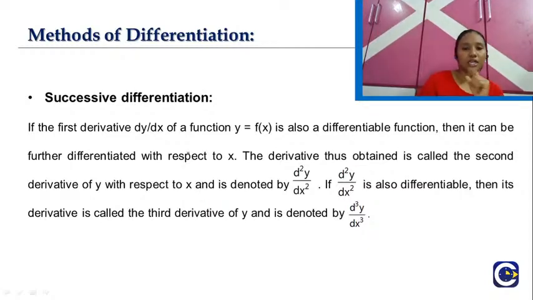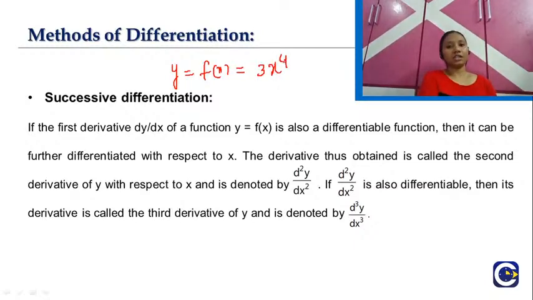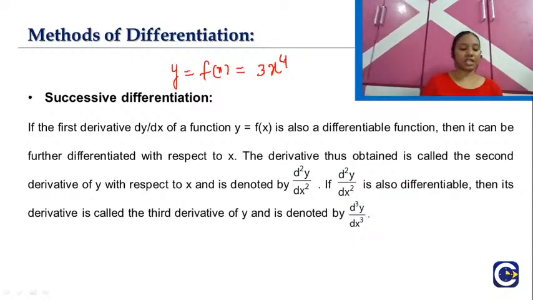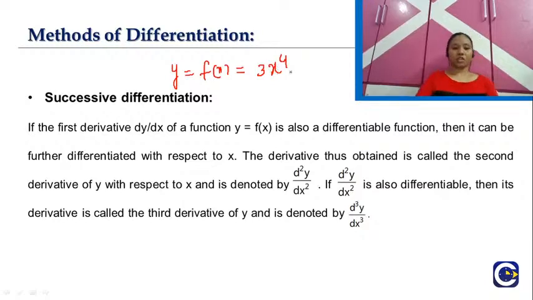So here I'll just take the function y equal to f of x, let it be 3x power 4. Right. So if we are doing a general differentiation, that will be our first order. So let me take y dash or y1, I am differentiating with y1. So it will be 4 into 3, 12x cube.